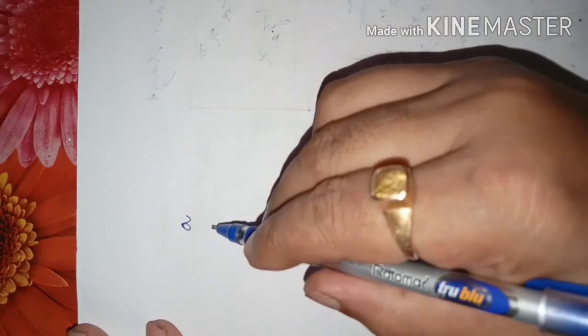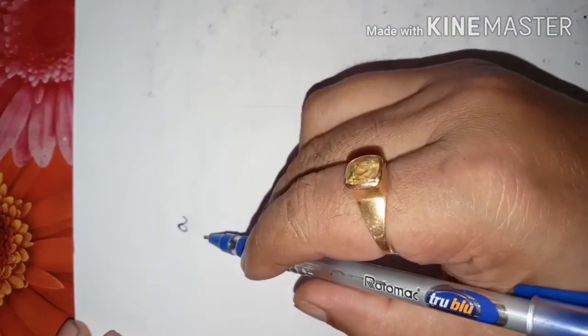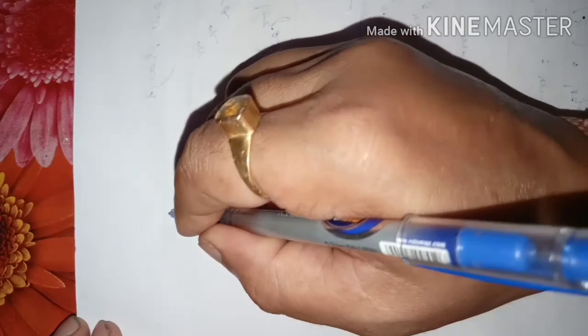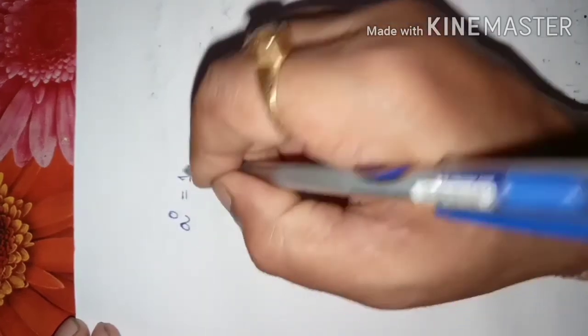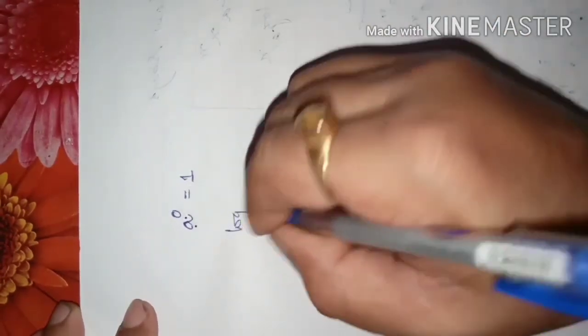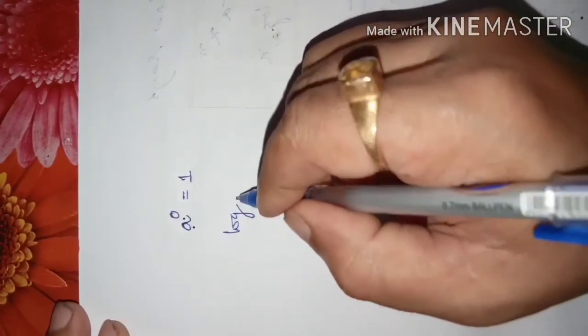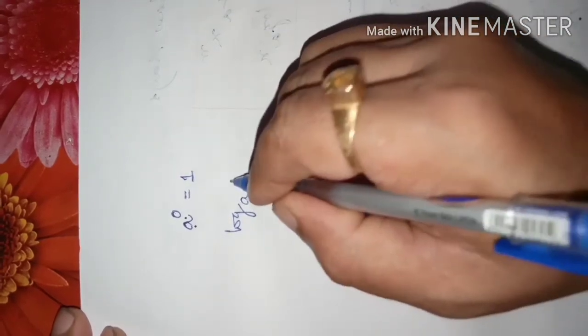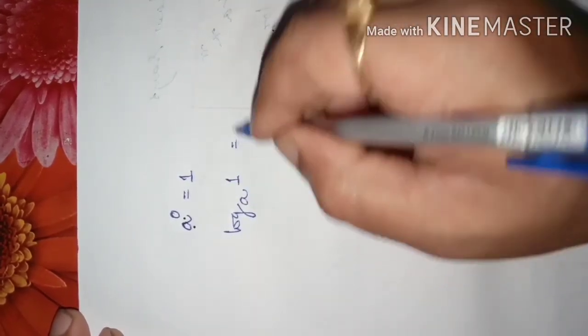Whatever the base, if the base is greater than 1 or any base, if the power is 0, the result is 1. So log to the base a of 1 is equal to 0.